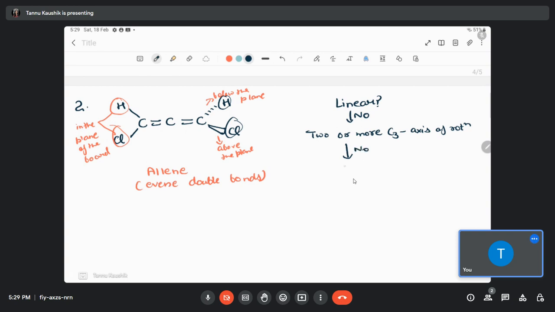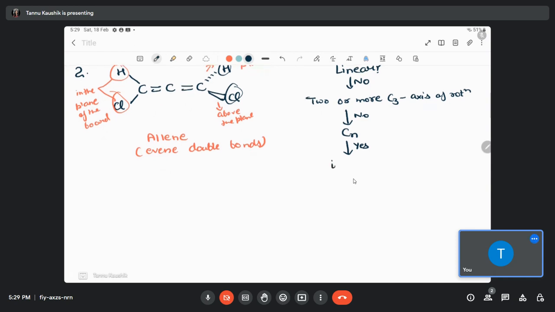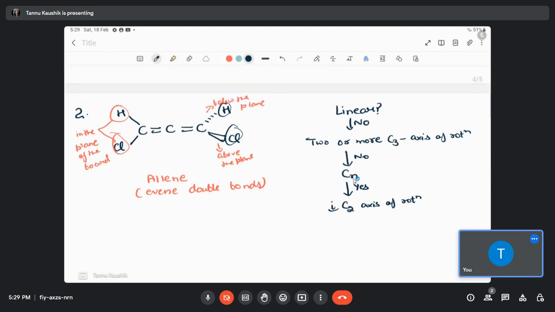Then, do we have a proper axis of rotation in this molecule? Yes, we have a proper axis of rotation in this molecule, which is the C2 axis of rotation. Okay, and we have to check, do we have two C2 axes of rotation in this molecule?